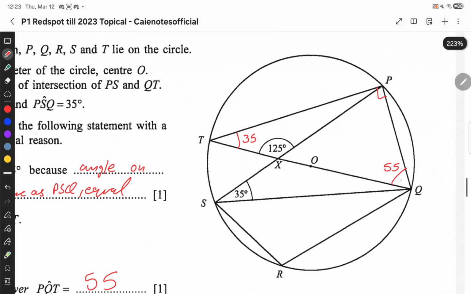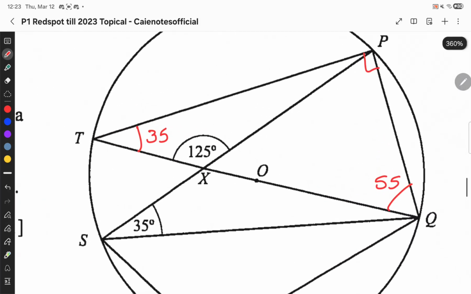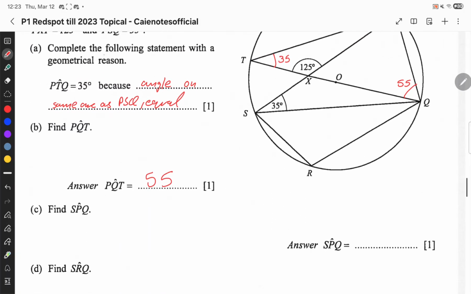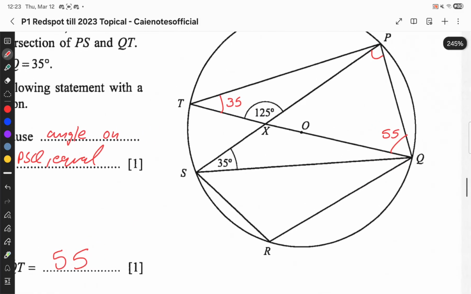SPQ, S, P and Q. So we need to find this tiny area. SPQ. How do you find this? Well, we can do a cyclic, but we cannot really do a cyclic right now.